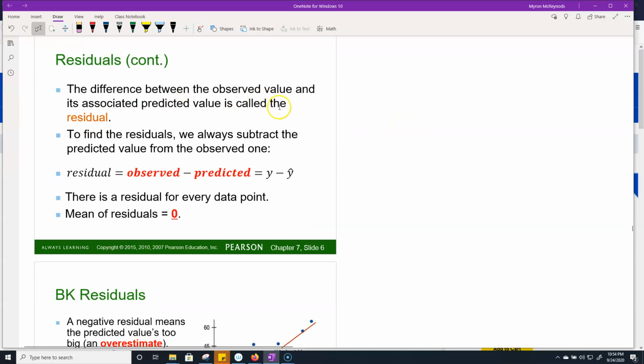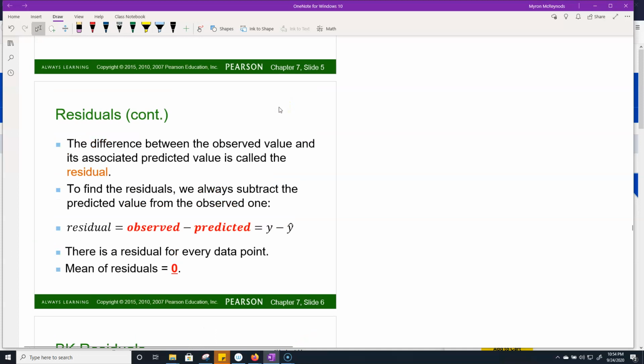So the difference between the observed value and the predicted value is going to be called a residual. So we're going to use the formula we come up with, that line, to predict values, and the actual values observed minus the predicted is going to give us what's called a residual.